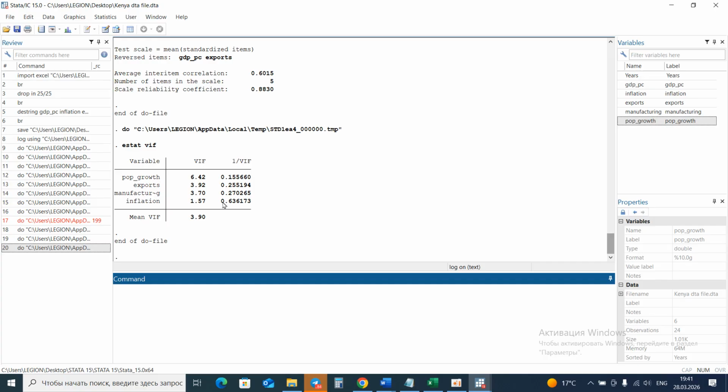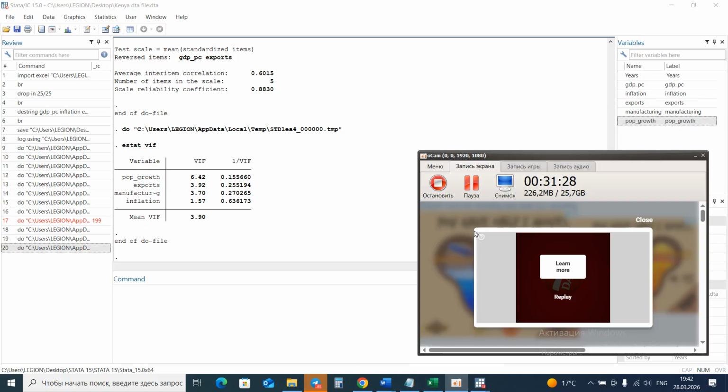Here, the VIF results indicate no serious multicollinearity concerns, ensuring the stability of coefficient estimates. As you can see, we are also provided a table. What does multicollinearity itself mean?